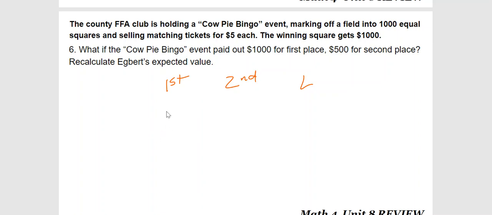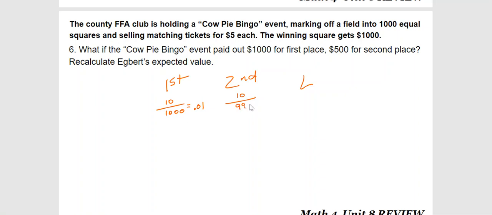Anyway, so he has 10 out of 1,000 tickets, or 0.01, if he takes first place. Now, if he gets second place, we're presuming for the moment that he didn't get first, so he still has his 10 tickets. But because a first place winner has already been assigned, there are no longer 1,000 tickets.